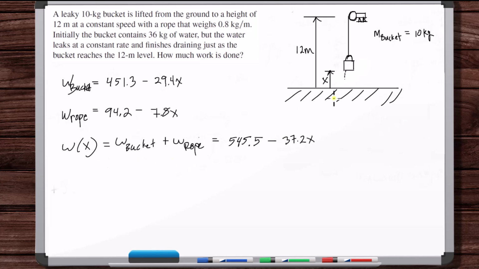And so to calculate the work done, we want to integrate this. We want to break up the independent variable x into small displacements, small distances that the bucket moved.